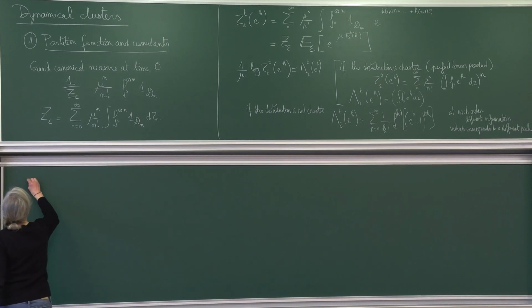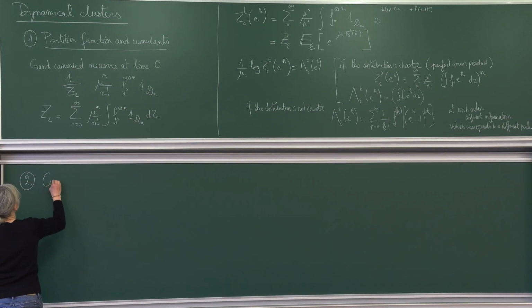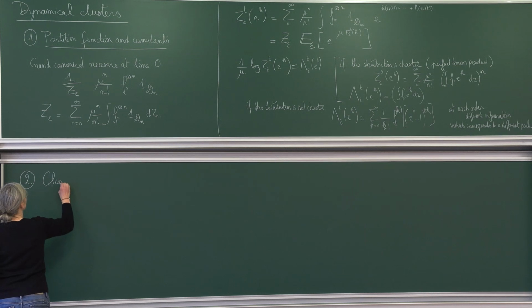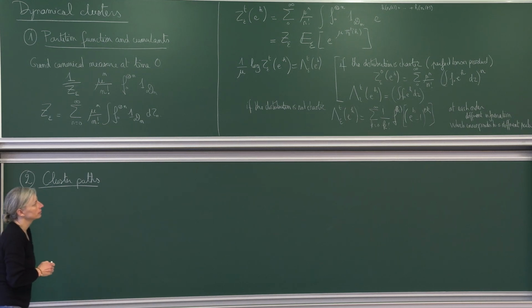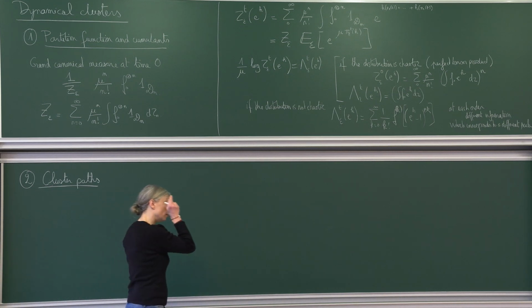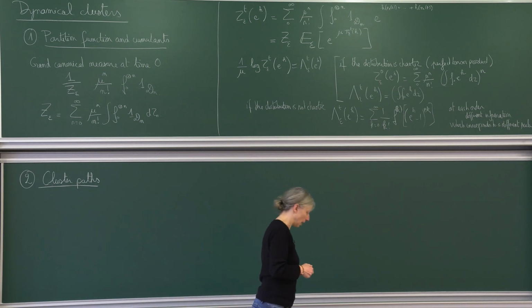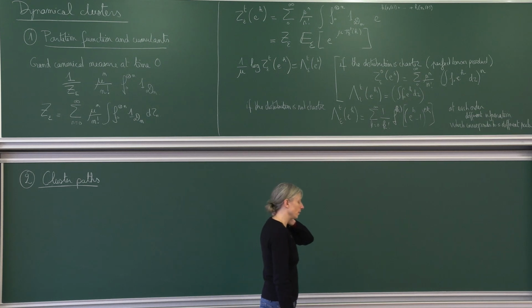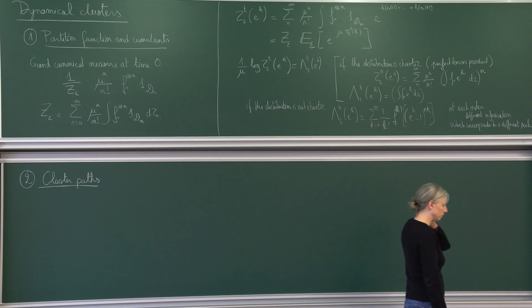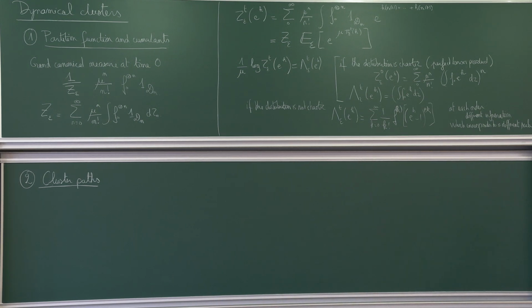So I will start with the notion of cluster path. All that I will do today is really to try to study this functional lambda epsilon and its dependence with respect to time. We will also use this lambda epsilon next time to study the fluctuation.